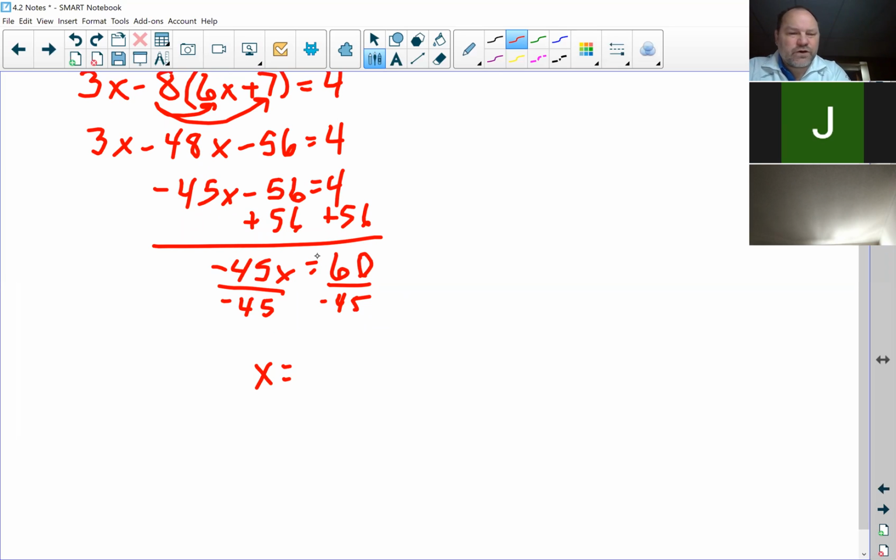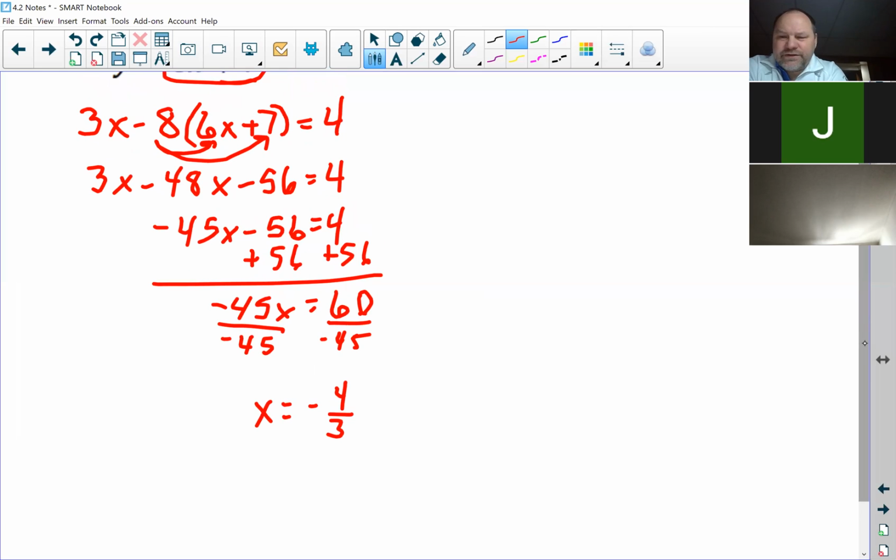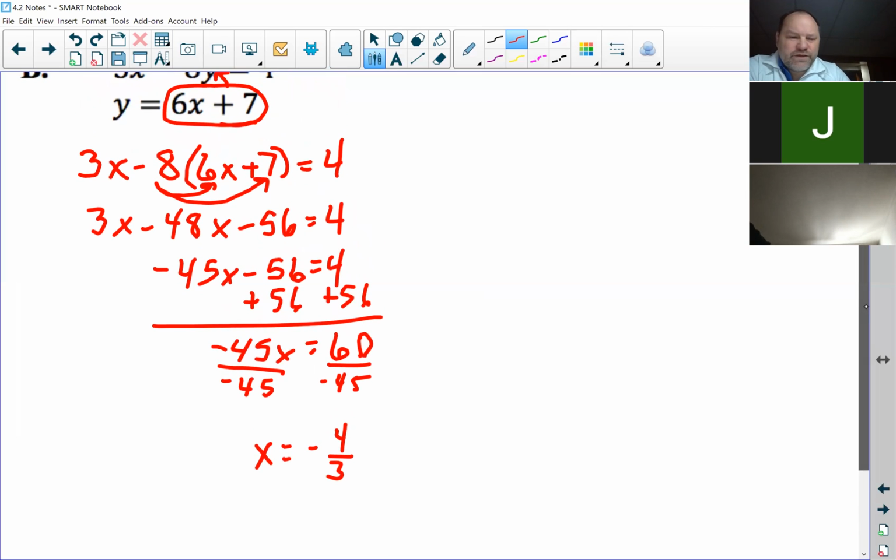That's why 15 works. Same for 45. So I get -4/3. I'm a big fan of leaving it as a fraction, especially this one, because if you tried to write -4/3 as a decimal, it's a repeating decimal, and it makes it harder to check your answer.